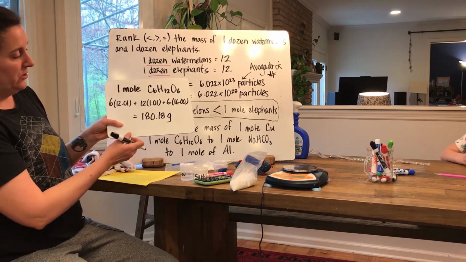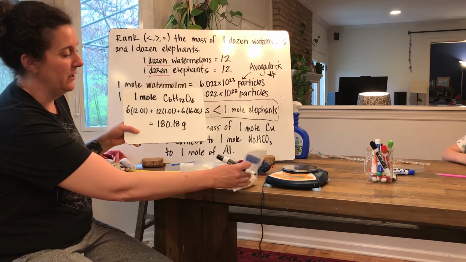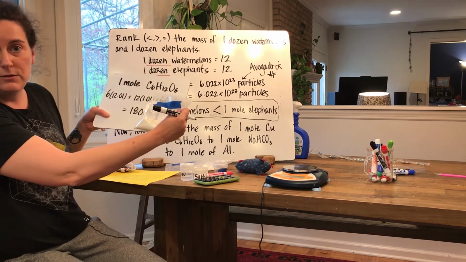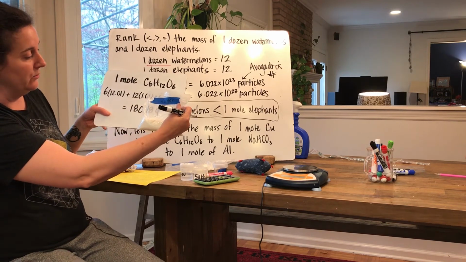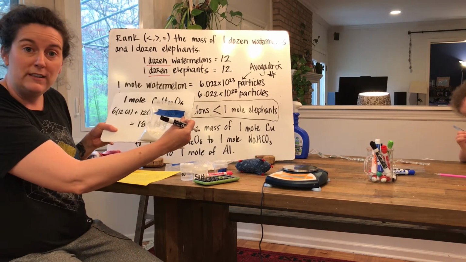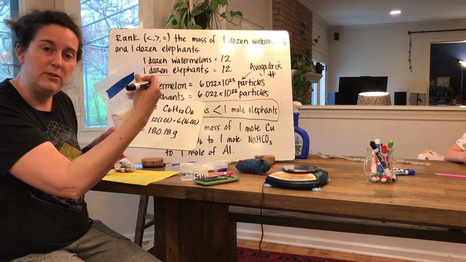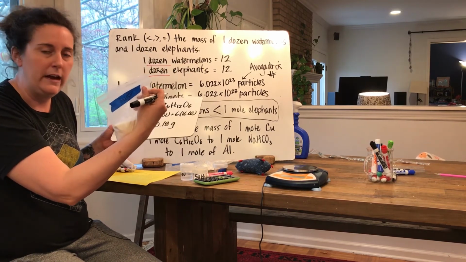So in 1 mole of sugar, there are 180.18 grams, which is equivalent to 6.022 times 10 to the 23rd particles, which is also equivalent to about the amount of sugar in a unicorn frappuccino at Starbucks.